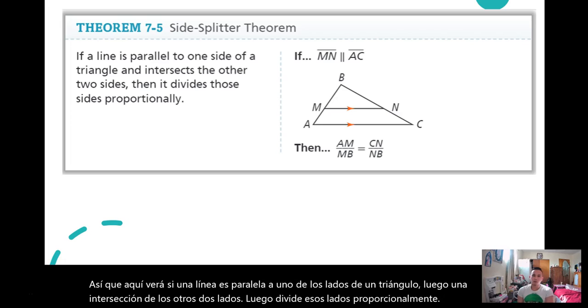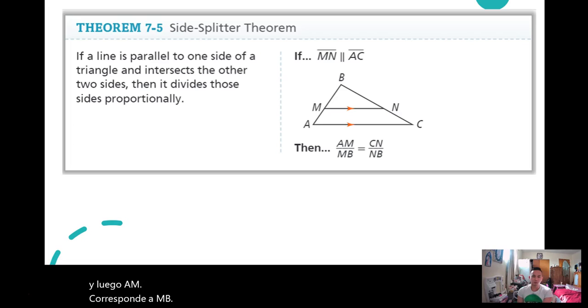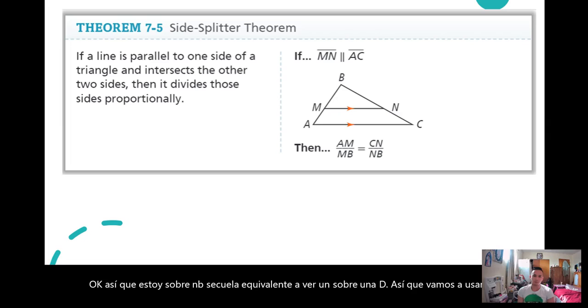So if segment MN is parallel to segment AC, then AM over MB is equivalent to CN over NB. We're going to use this splitter theorem on our next example.